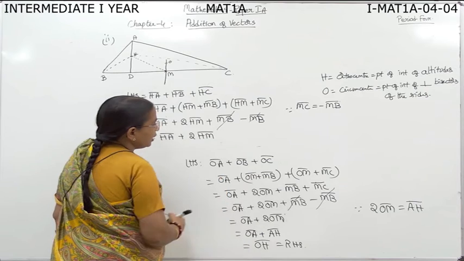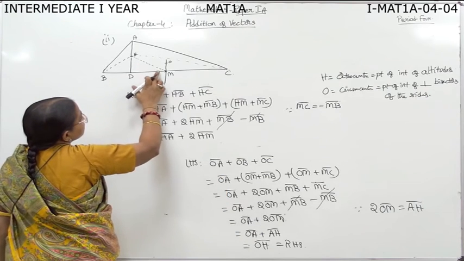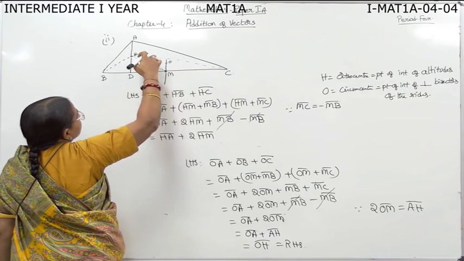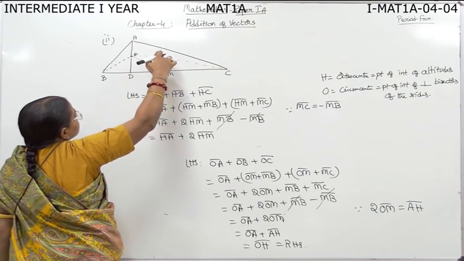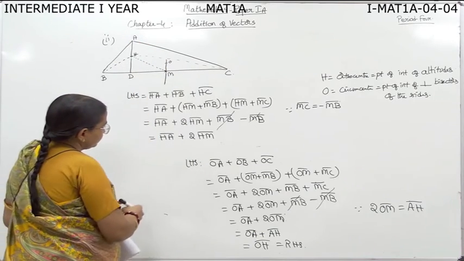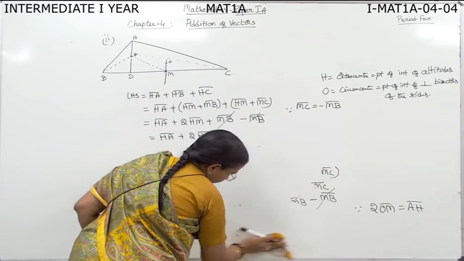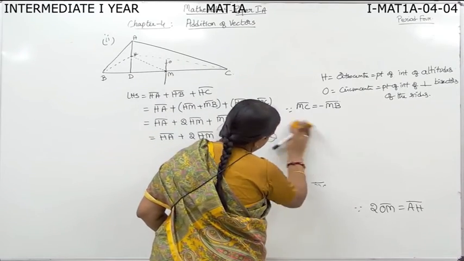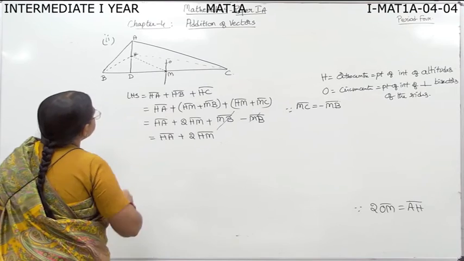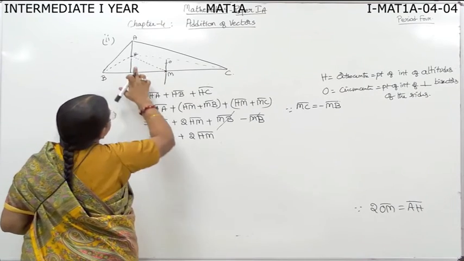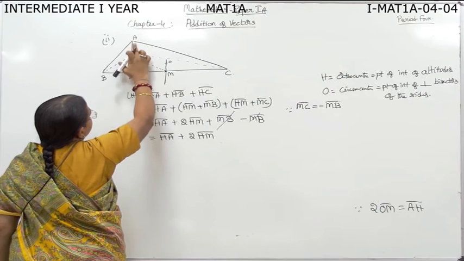But we have OM like that. So what is HM again? HM will write as HO, will not take this.